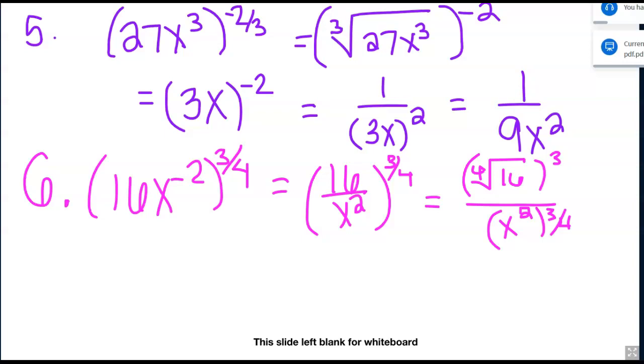So the fourth root of 16 is 2. 2 cubed is 8. So I get 8 over 2 times 3 is 6. 6 divided by 4 is the same as 3 divided by 2. So I get x to the 3 halves.